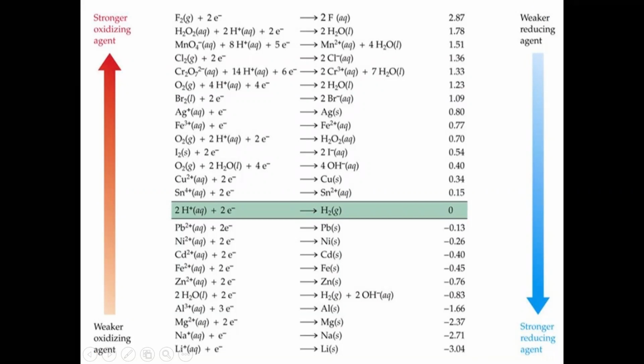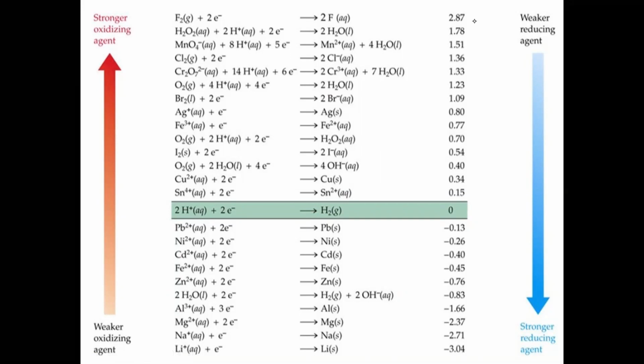The value for lithium is minus 3.04 volts, sodium minus 2.75, magnesium minus 2.37. Like that, zinc gaining 2 electrons from zinc ion to zinc is minus 0.76 volts. So the more negative the reduction potential, the stronger the reducing power. You can write the statement here: more the negative reduction potential, stronger is the reducing power.